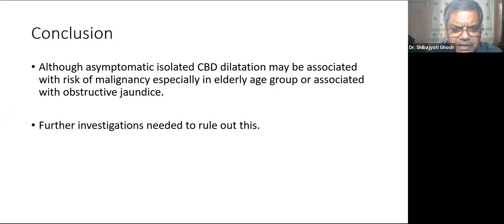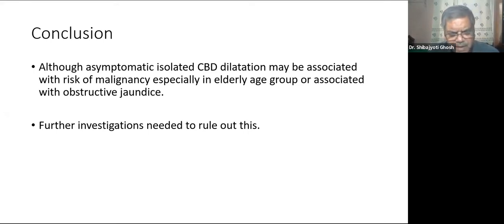If any further investigation is required, we'll have to decide whether we're dealing with a very early case of malignant disease or benign disease. We can ask for the next investigation after ultrasonography, probably MRCP. But here we'll have to again evaluate the dilatation of the common bile duct.